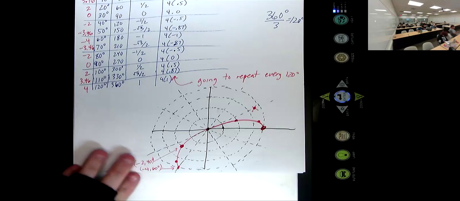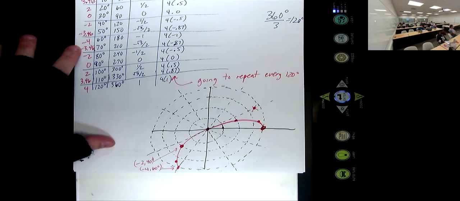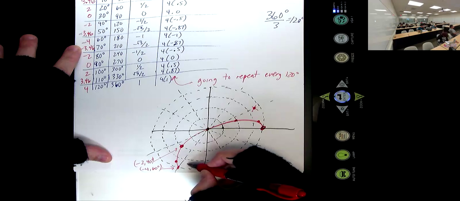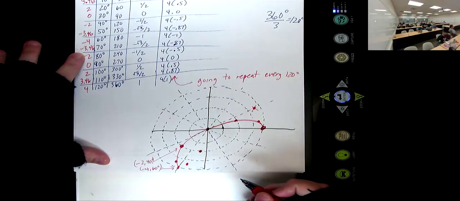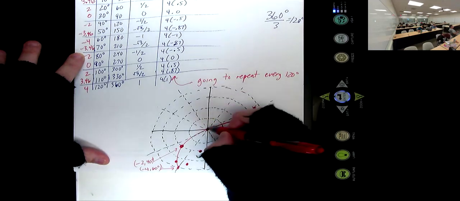Actually show the full sketch. Last one I did was 60 degrees. 70 degrees is gonna be -3.46, which is right about there. 80 degrees will be -2. And 90 degrees is 0.